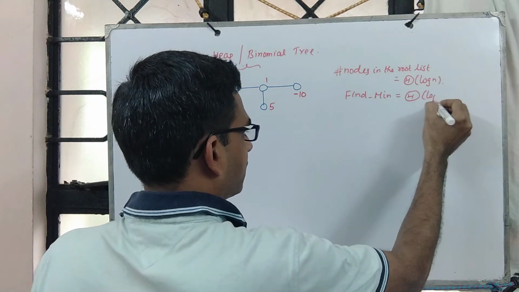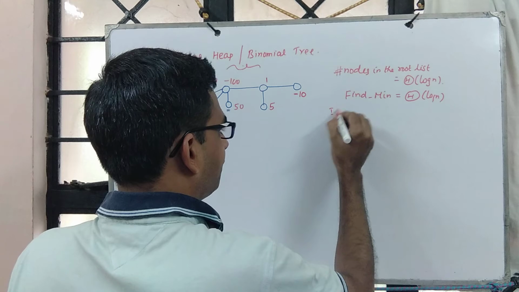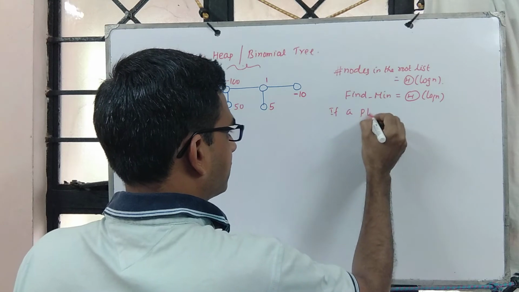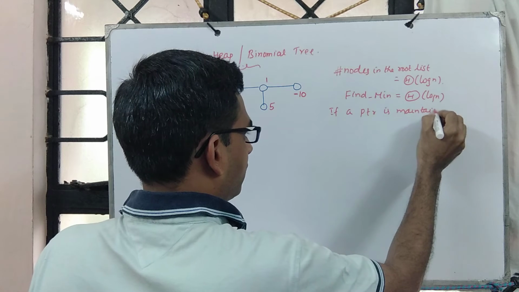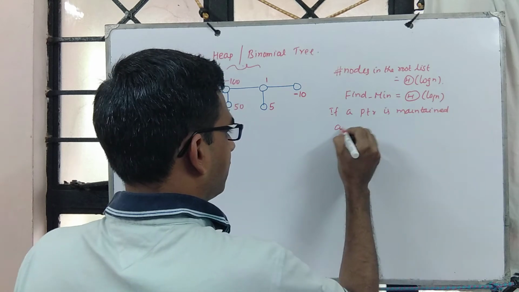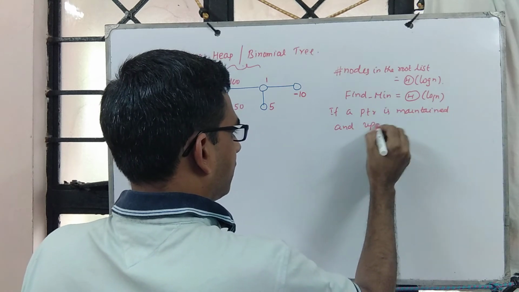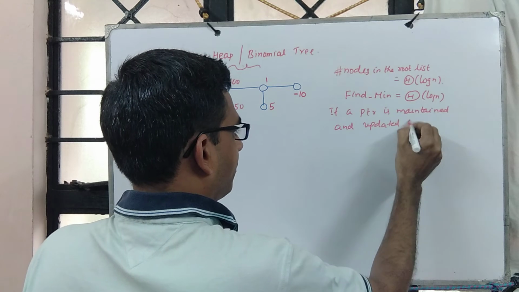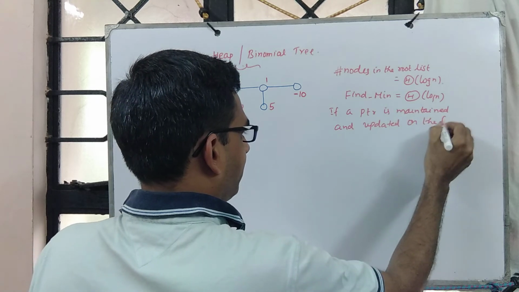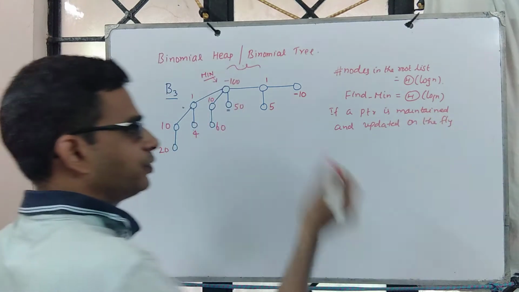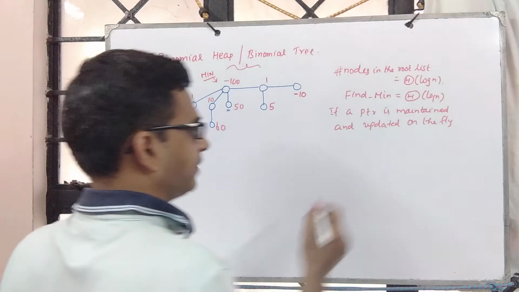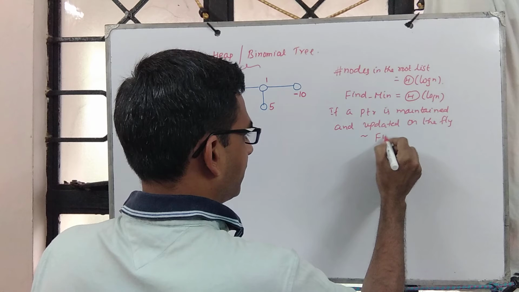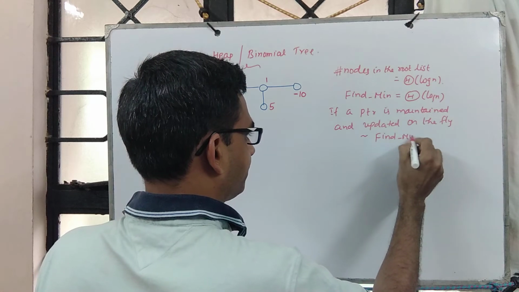It is log n. If a pointer is maintained and updated on the fly, meaning as you insert, you also update the min pointer as well, then find min is constant.